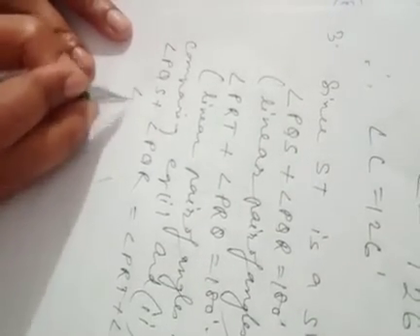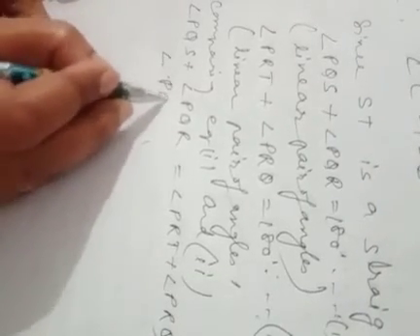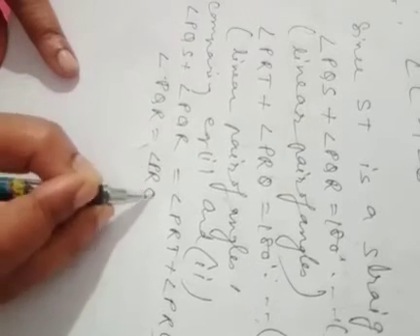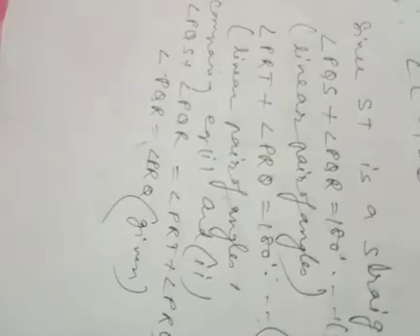Okay, now give this equation a name, equation number 3. Now we know that angle PQR is equal to angle PRQ, which is given in the question. It is already given in the question. See, it is given angle PQR is equal to angle PRQ.